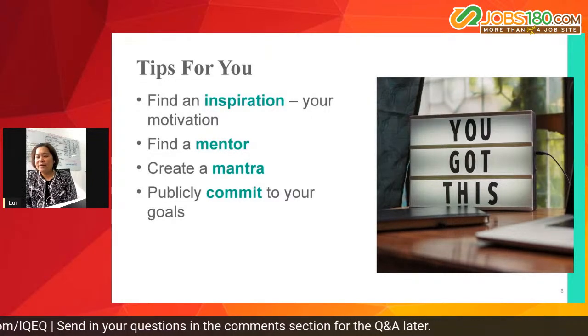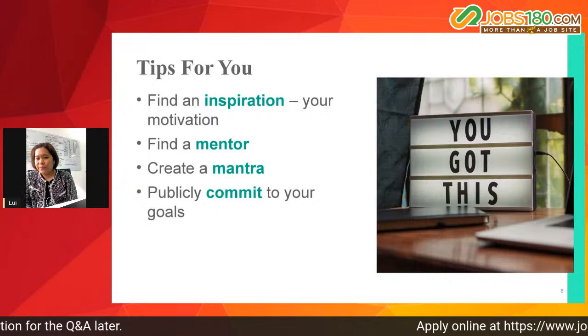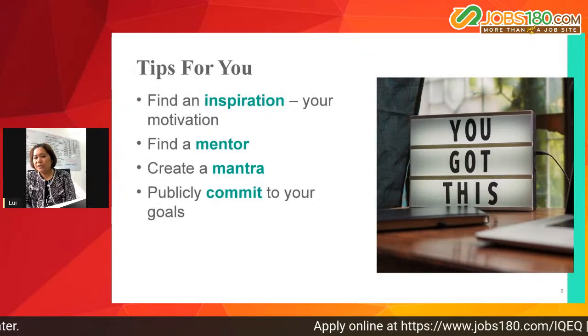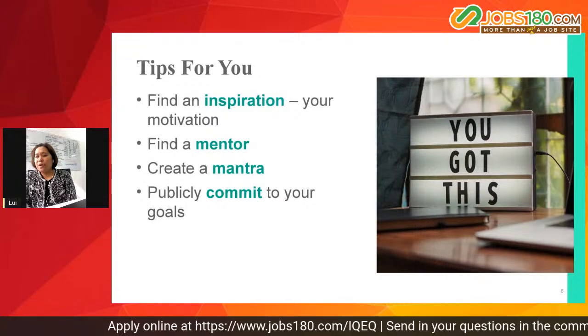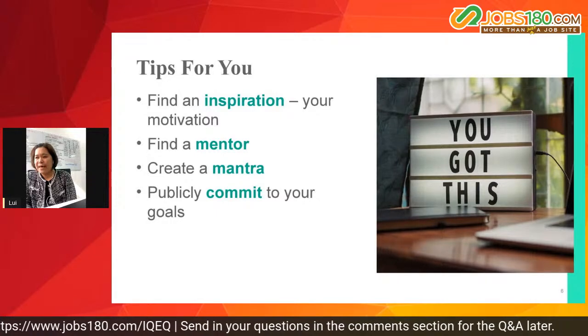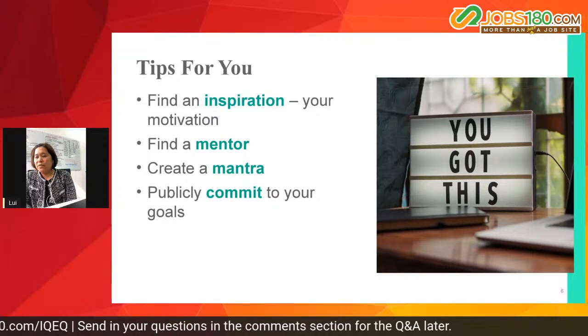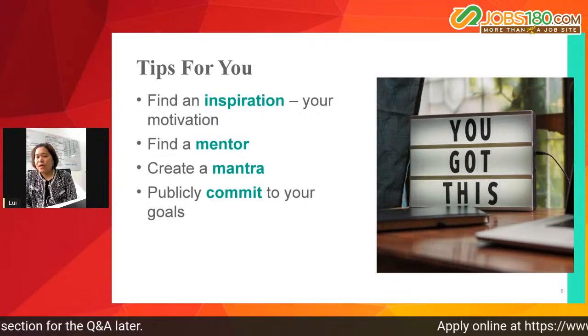You find a friend or someone in the family who runs and who can coach you and mentor you on how to become a good runner. For example, if your goal is to get a job at a specific industry, you find siguro an org mate from school or a relative who is in that industry.